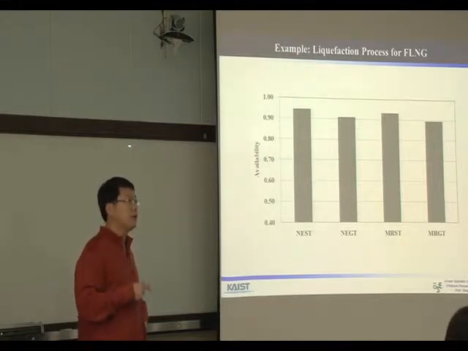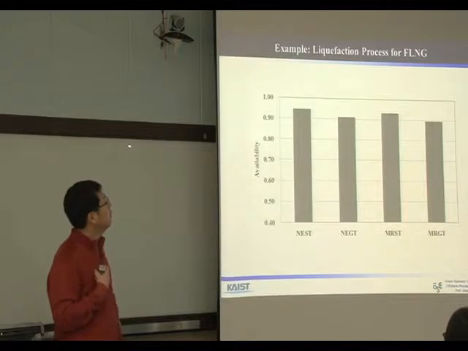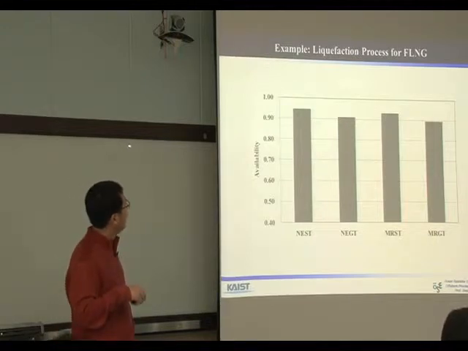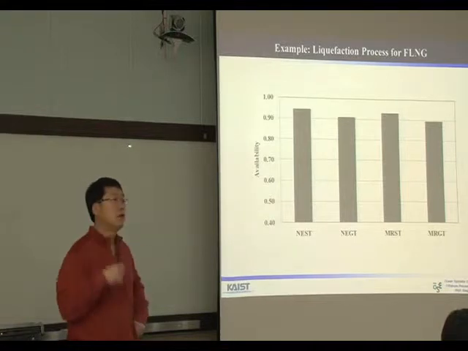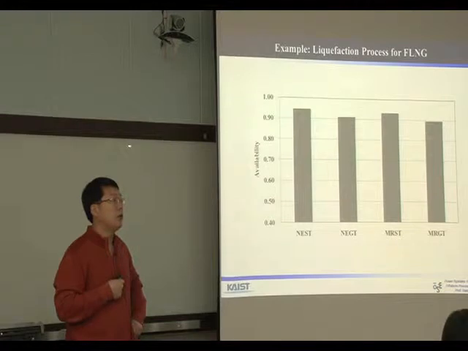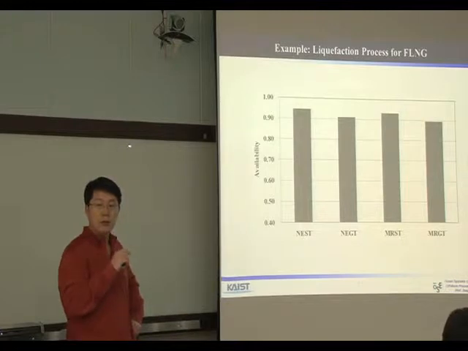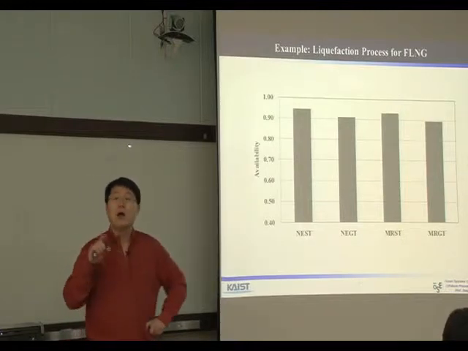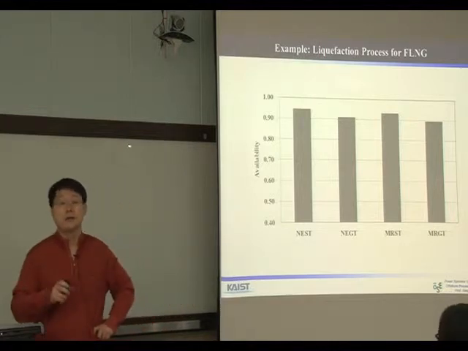How many hours do the alternatives operate in a year? NEST, nitrogen expander plus steam turbine, has the highest availability. So the first option, NEST, has the longest operation hours.